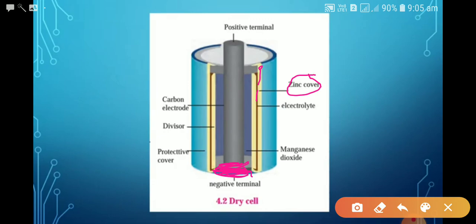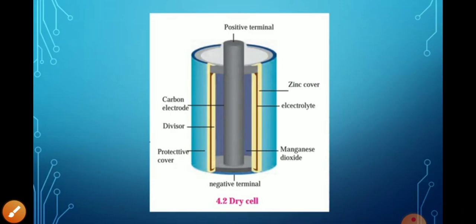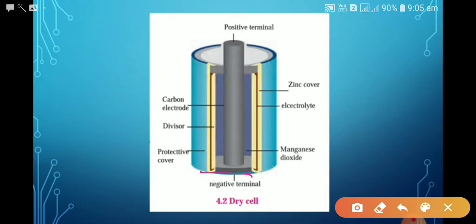Now carefully break open this layer. There is another layer inside. An electrolyte is filled between these two layers. When you open the dry cell, here you will see zinc metal, that is the negative plate.